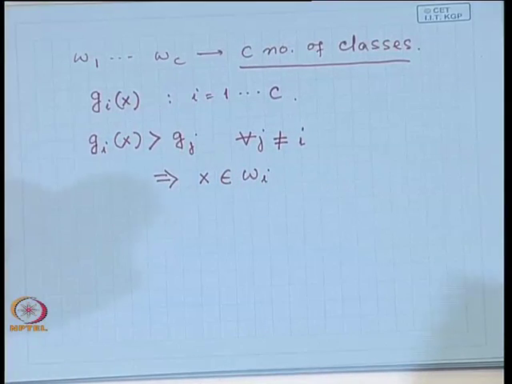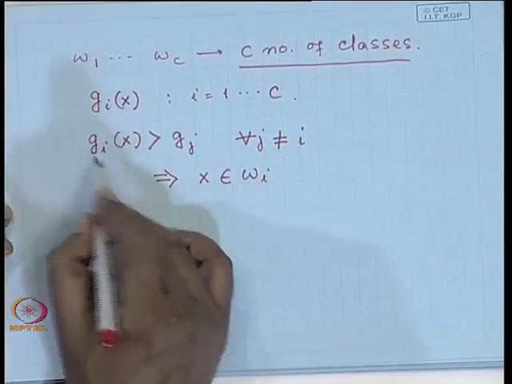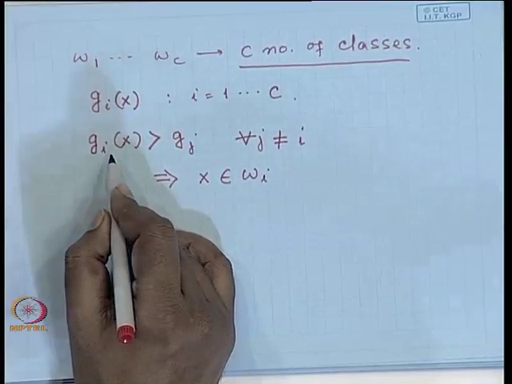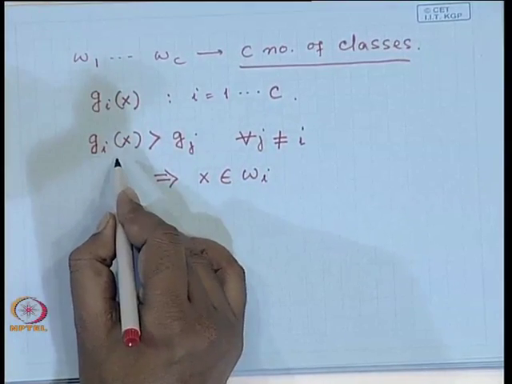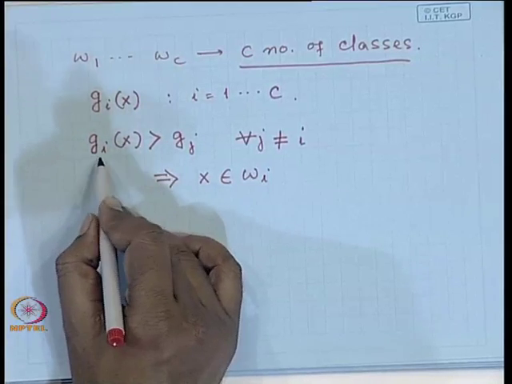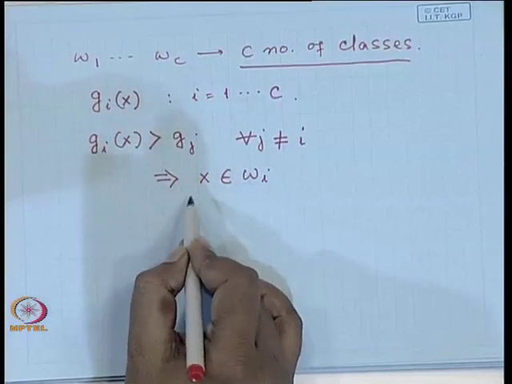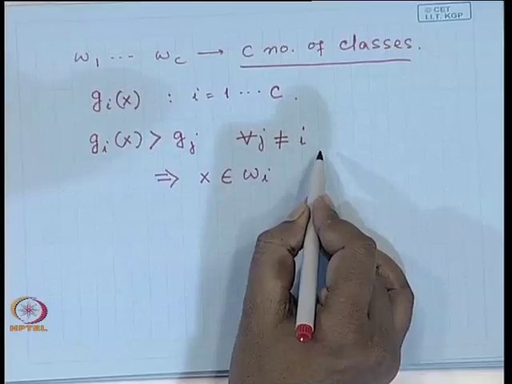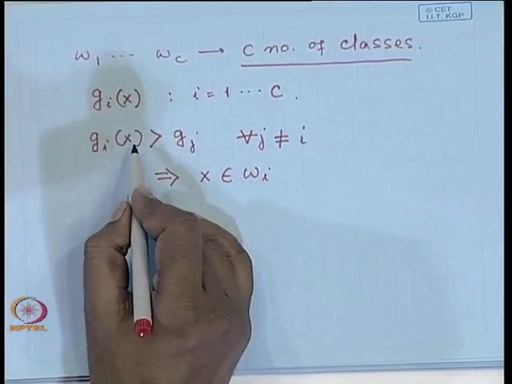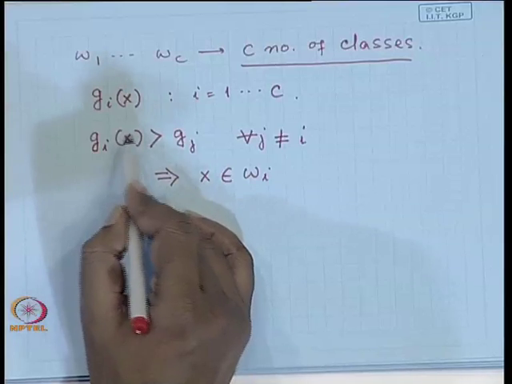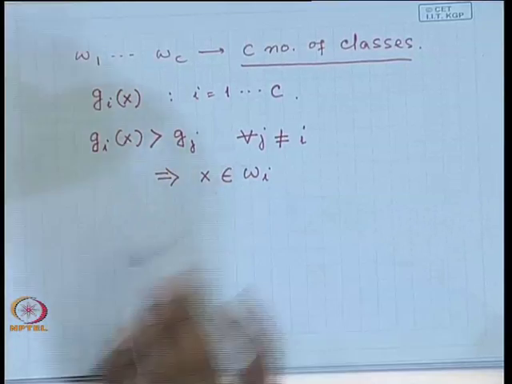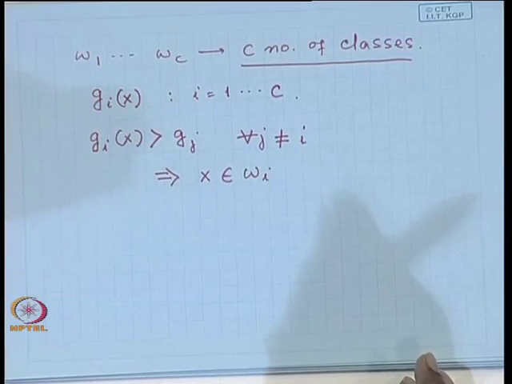This means that whichever class gives the maximum value of the discriminant function, I put x into that corresponding class.